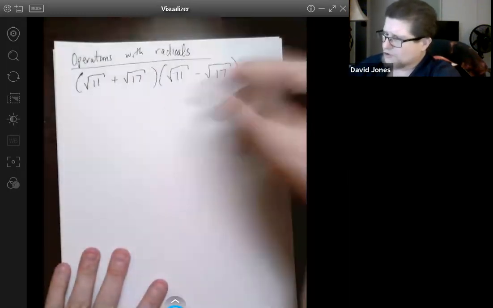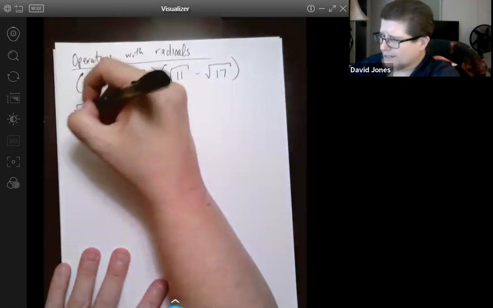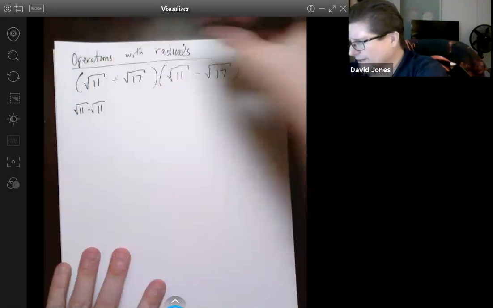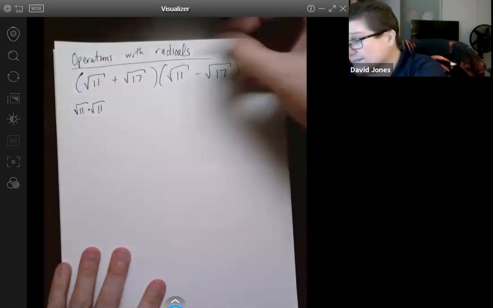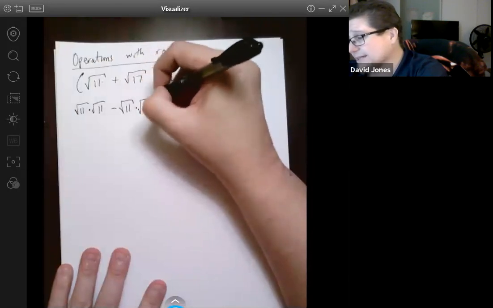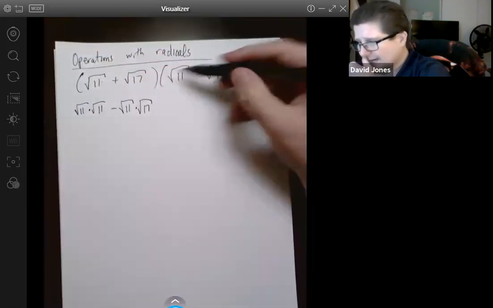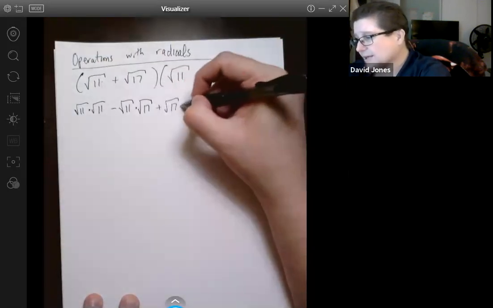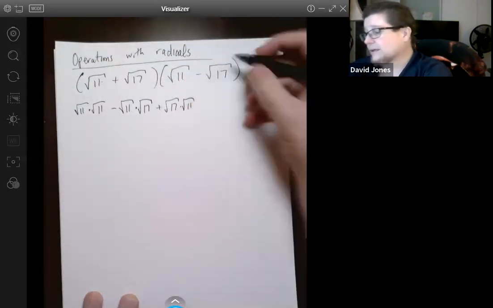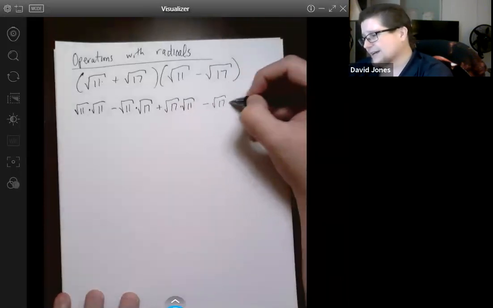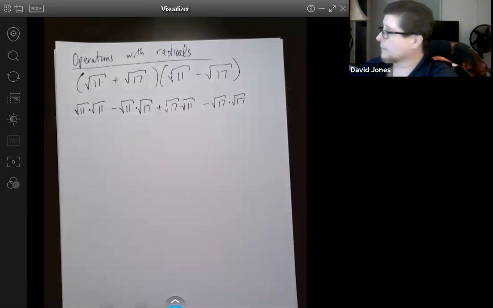So we distribute. I got square root of 11 times square root of 11. And then square root of 11 times negative square root of 17, so minus square root of 11 times square root of 17. And then I do FOIL inner operations: plus square root of 17 times the square root of 11. And then I got minus square root of 17 times the square root of 17.